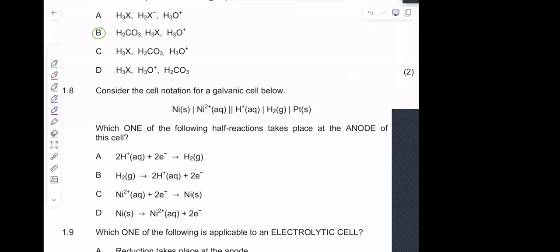Very, very important, right? So remember, nickel is a metal. Metals have delocalized electrons, which means they can conduct electricity. However, hydrogen is going to be a gas. It doesn't have delocalized electrons. It can't conduct electricity, but we needed a half cell with hydrogen. So in that case, we have a proxy, meaning someone who will conduct electricity on behalf of hydrogen.